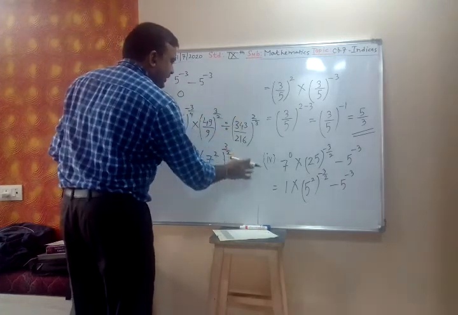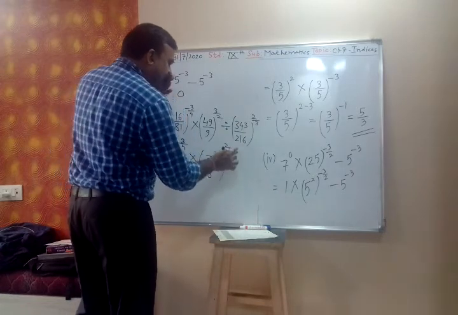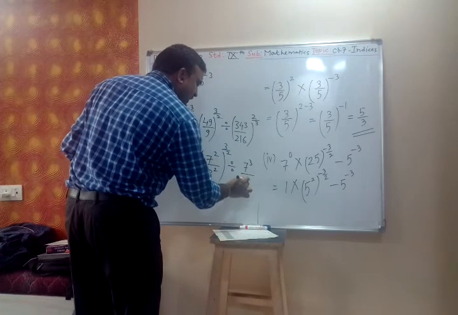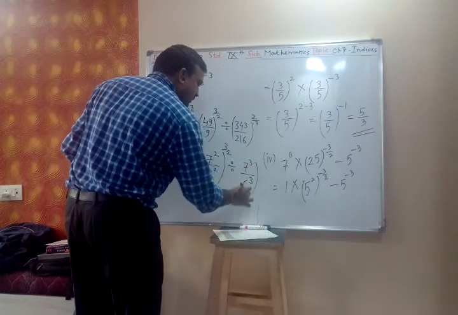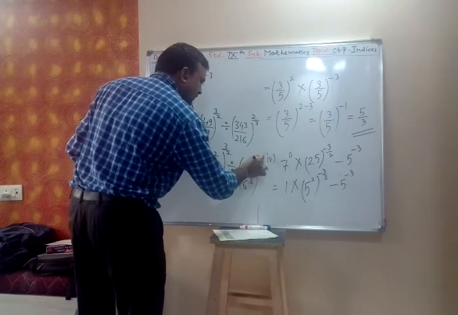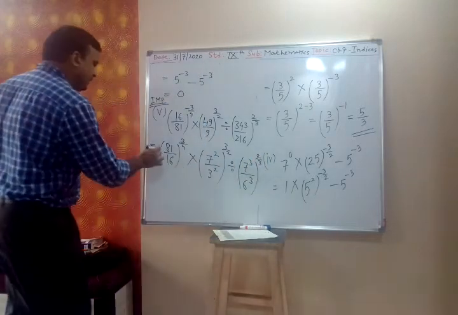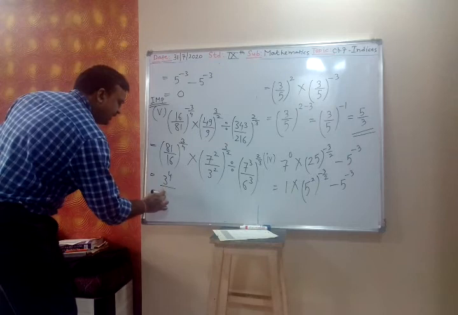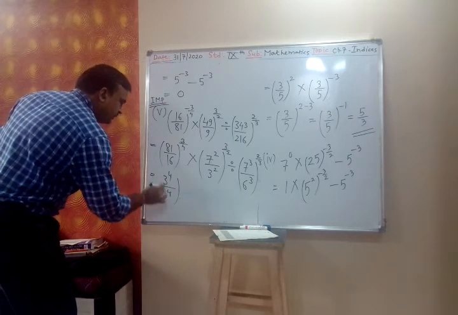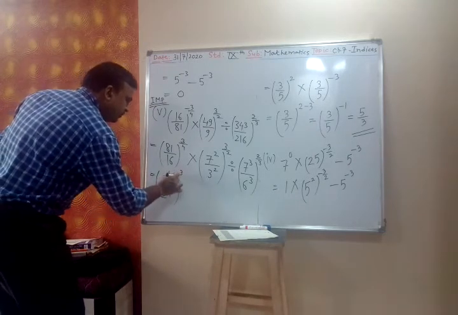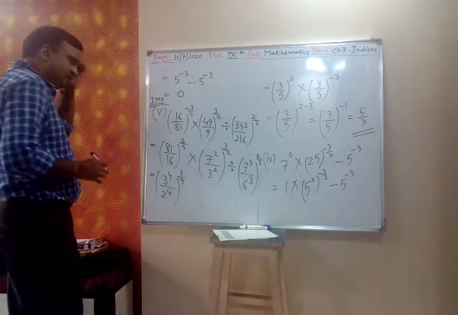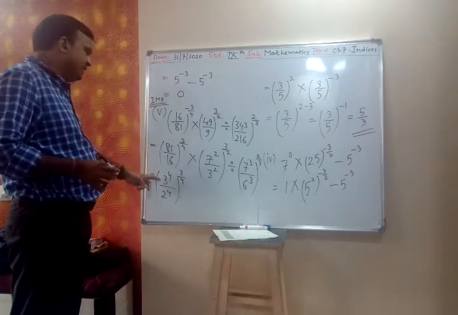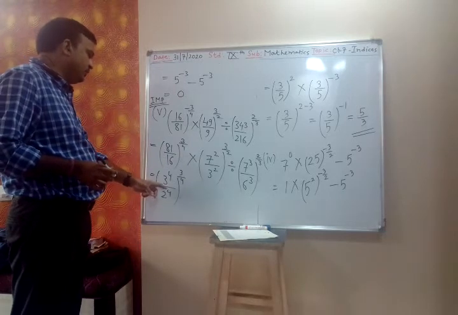Now 343 I can write 7 raised to 3. 216 I can write 6 raised to 3. So whole raised to 2 by 3. Now let us see. 81 I can write 3 raised to 4, and 16 I can write 2 raised to 4.